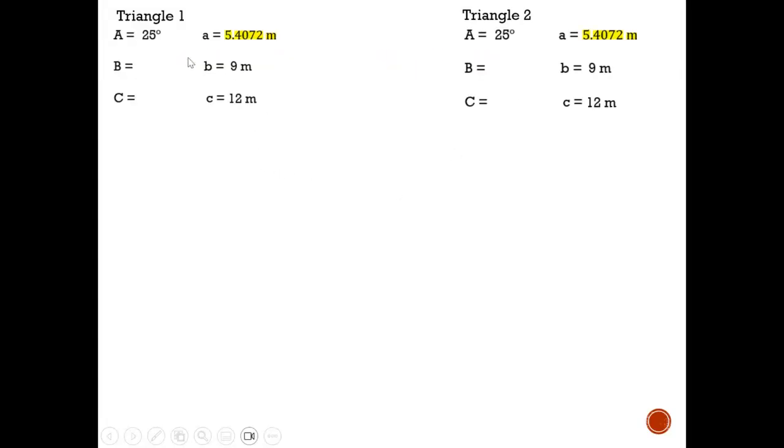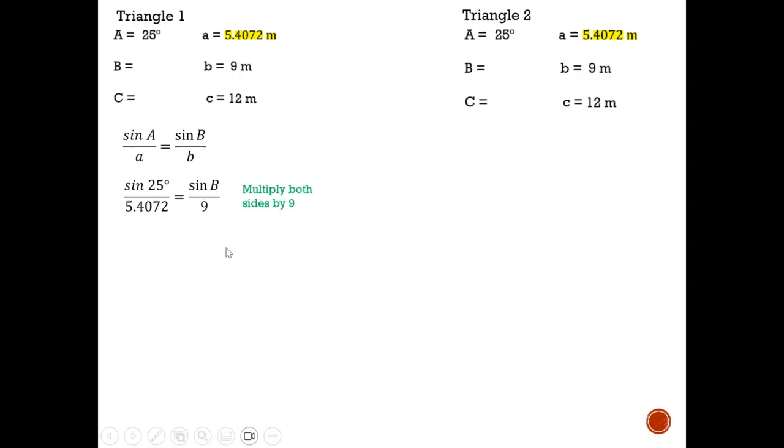Okay, now, so for triangle number 1, we're going to use the law of sines, right? Because it gave us an angle with a pair. They give us angle A and little a. And here we're going to be looking for angle B. So it'll be sine of 25 degrees over 5.4072 equals sine of B over 9.